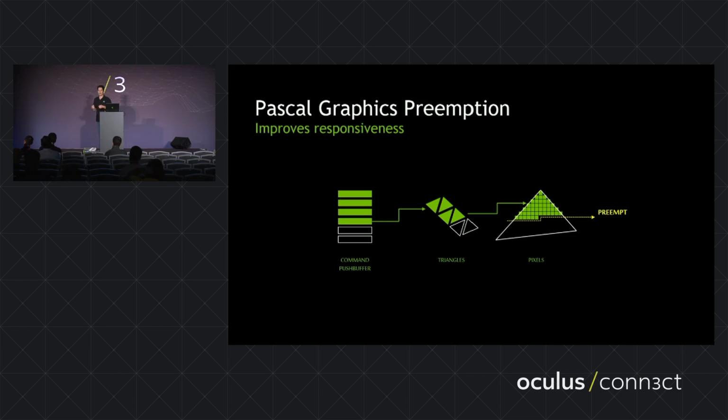What that means is draw call granularity, right? Which works fine, but it's a little bit coarser than what you want. The finer you can make that, the lower latency you can have. And so in Pascal, now when you're rendering graphics, you can actually interrupt in the middle of a triangle rendering. And so the final latency is much improved for operations like async time warp.